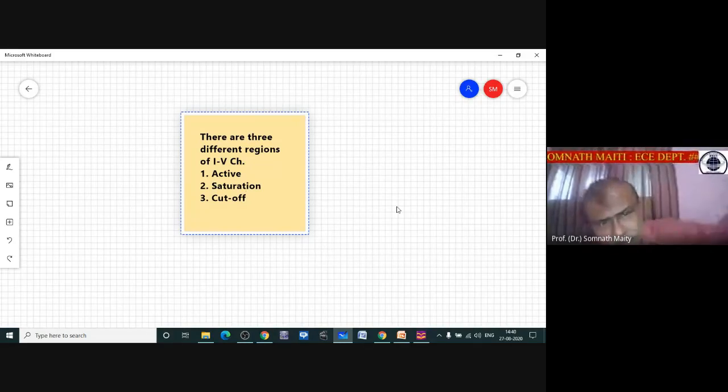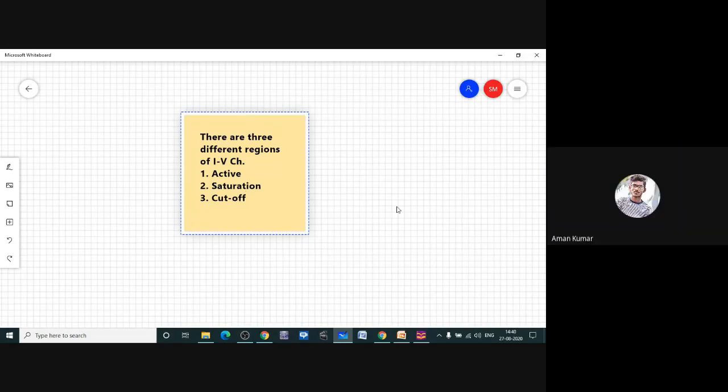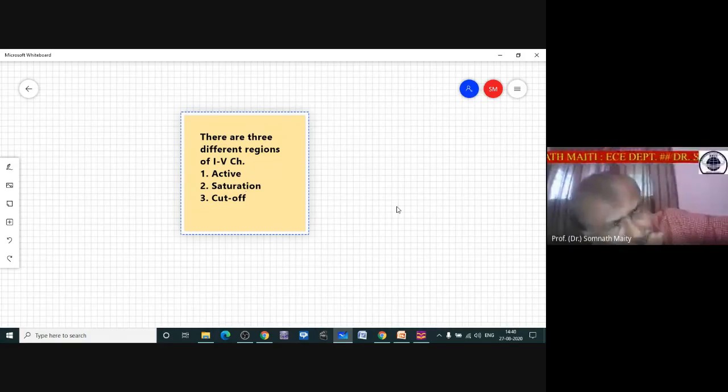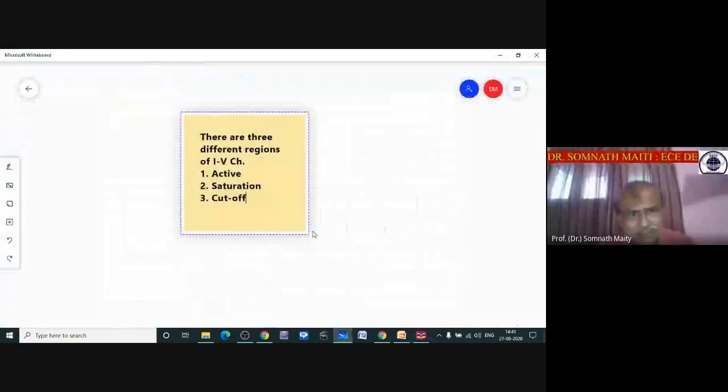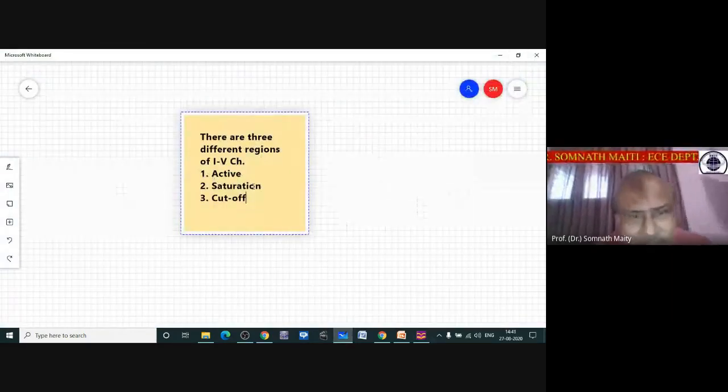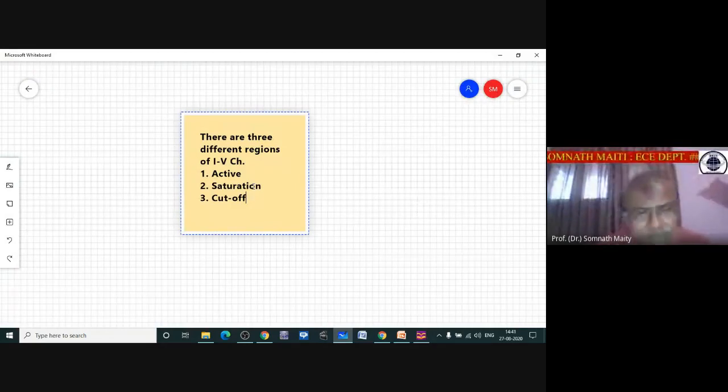IV characteristics means the operating characteristics of the transistor, that is, voltage versus current. So this can be divided into three different regions. These are known as active, saturation and cutoff. Okay?